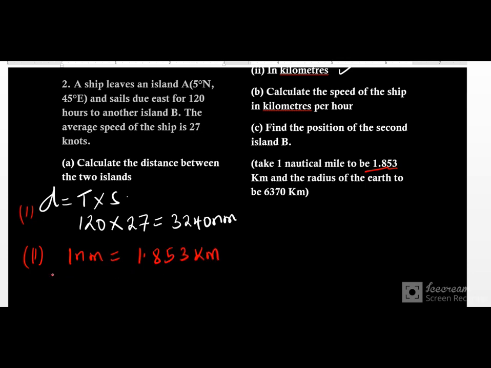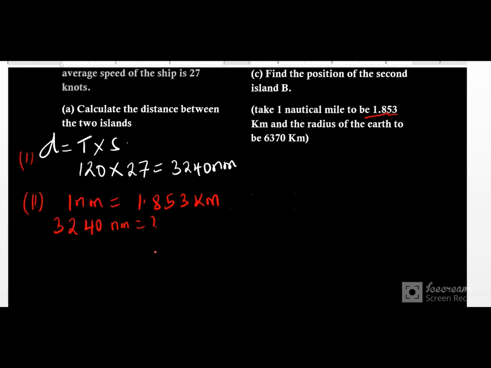So what about 3240 nautical miles? This is 3240 times 1.853, and this gives us 6003.72 kilometers.